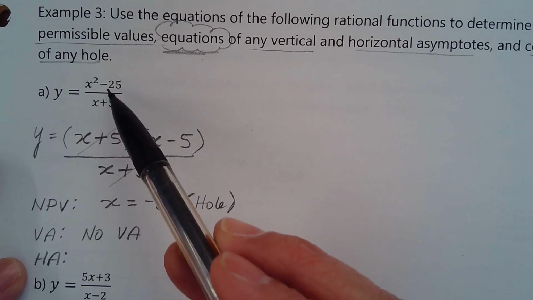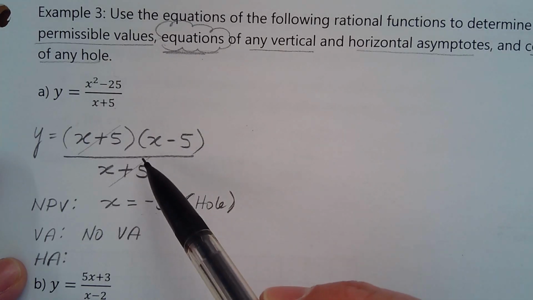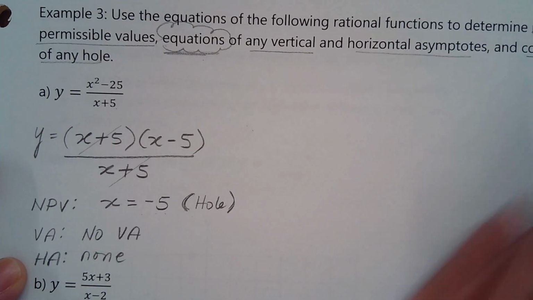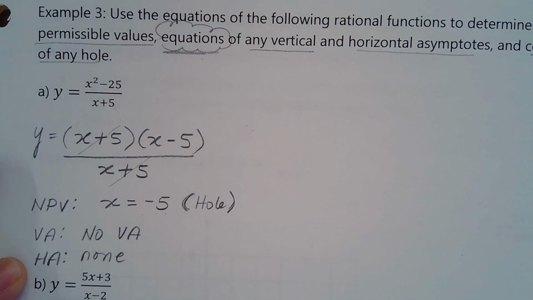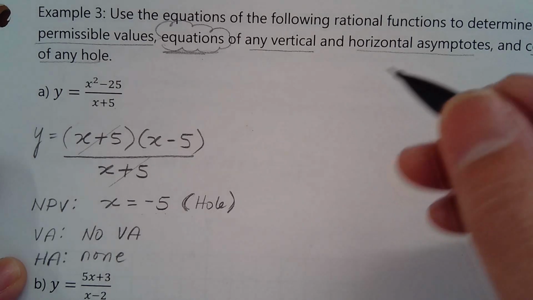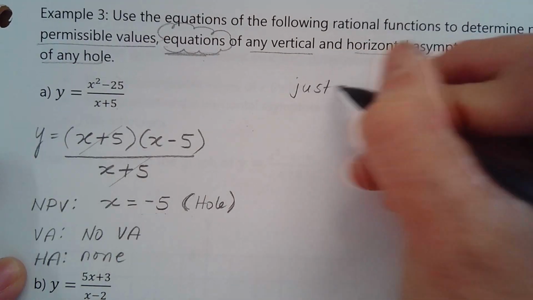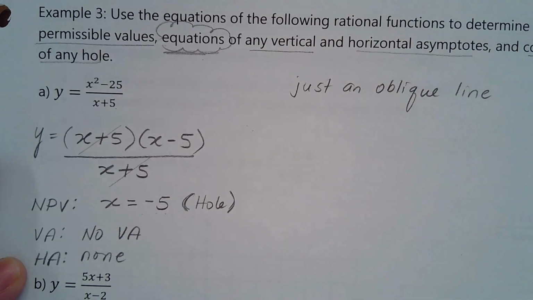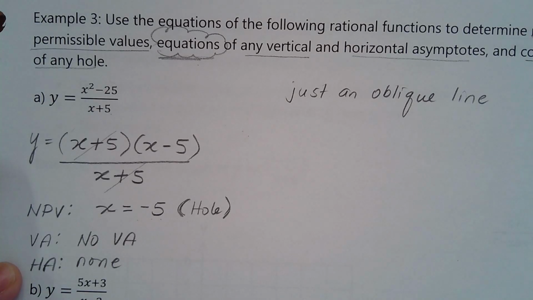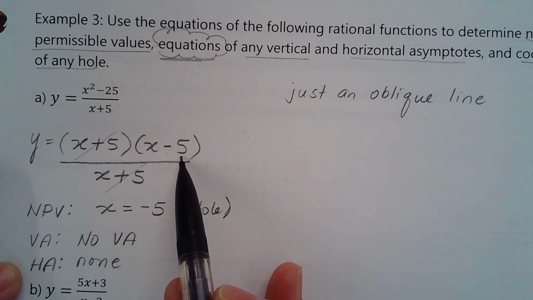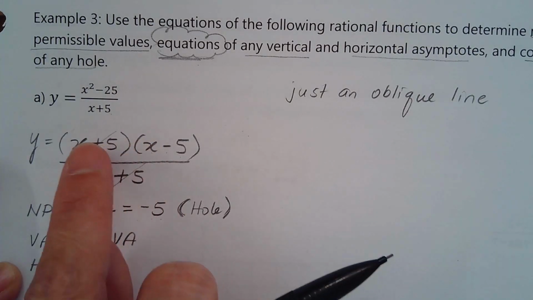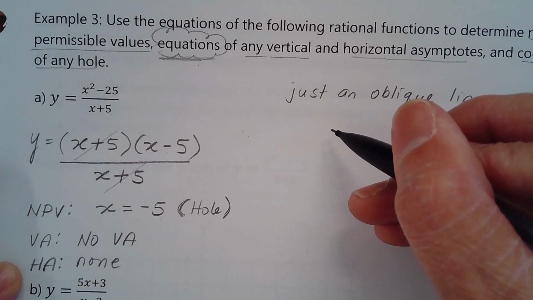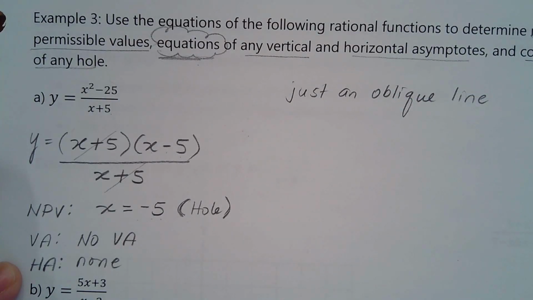If you divide, that cancels. So horizontal asymptote is none, but there's going to be an oblique line. Just an oblique line. So there's an oblique line at x minus 5, because if we take this divided by that, our answer would be y equals x minus 5.